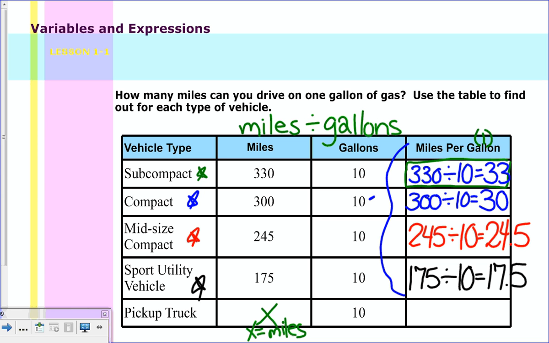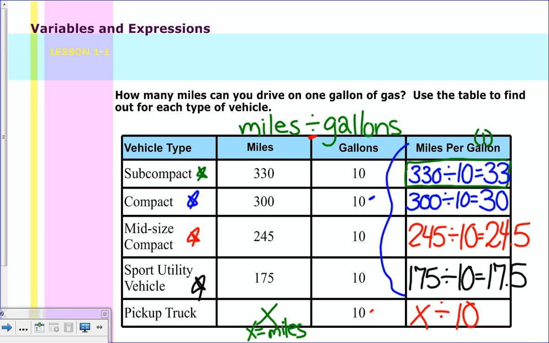And we're going to do the same thing. Well, how many miles did this vehicle go? It went X. That's how many miles it went. Well, then we divide, just like we did with all the others. And then gallons is 10. Now, that would be our answer, X divided by 10.